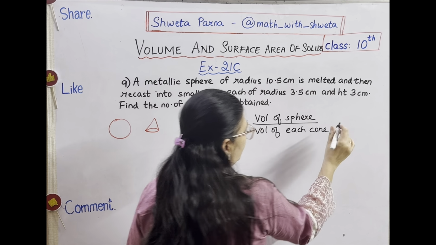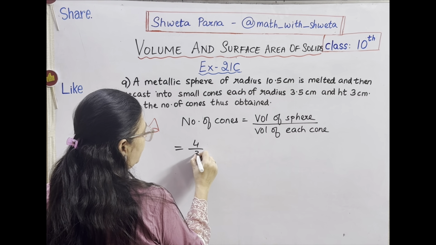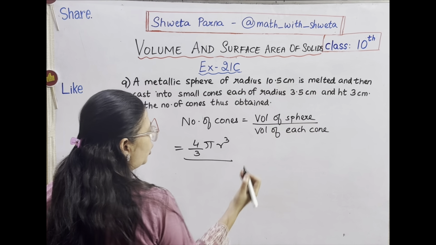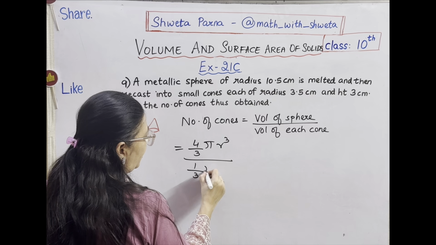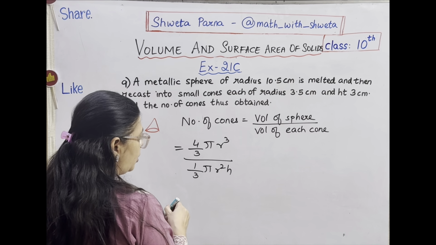So what is the volume of sphere formula? It is 4 by 3 pi r cube upon the volume of each cone, 1 by 3 pi r square h. Okay, let's do the calculations.